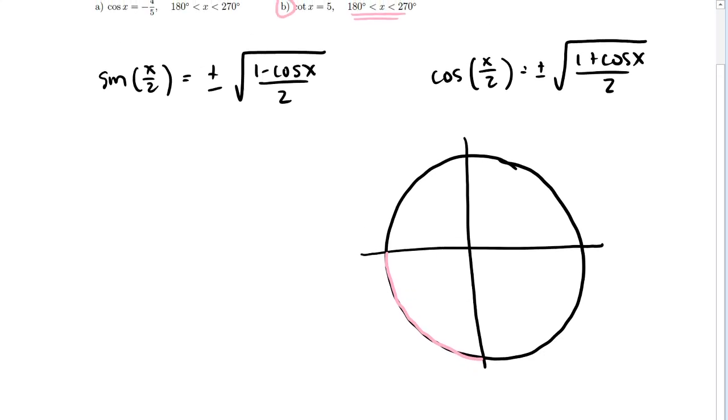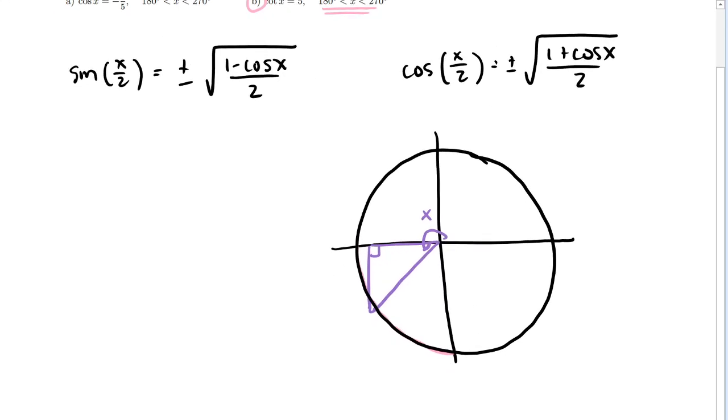Maybe I'll just draw some random angle just to have some sort of picture here. But there's sort of a triangle at play. And when we take cotangent of this angle, in other words, the adjacent side length divided by the opposite side length, we end up with 5.